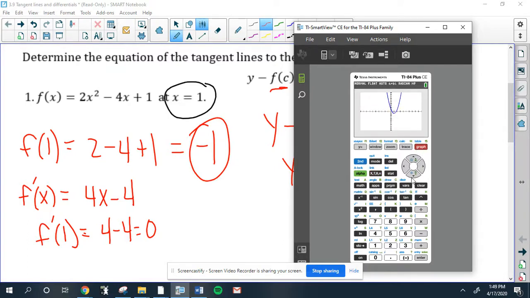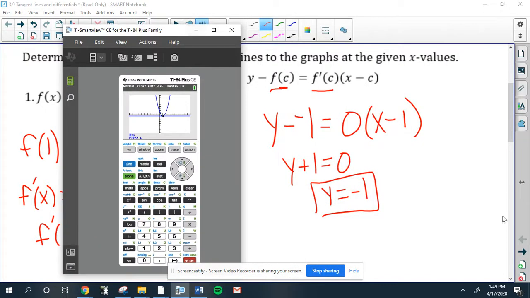And now you have to go to draw because you needed to draw the tangent line. So second program, then hit 5 for tangent. Then it will wait for you to tell it where to draw the tangent. We're doing x equals 1, so I'm going to hit 1, enter. It will draw the tangent line and give you the equation. If you can read that, the equation says y equals 0x plus the negative 1, which is what we have right here.